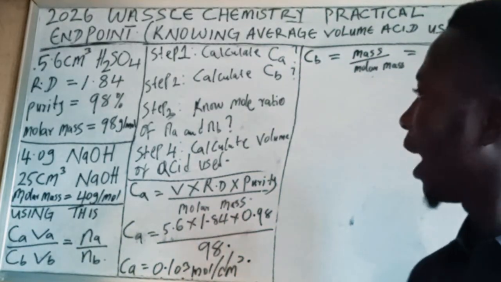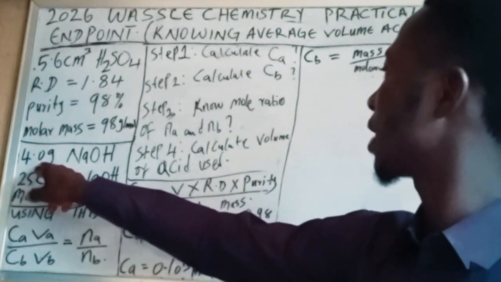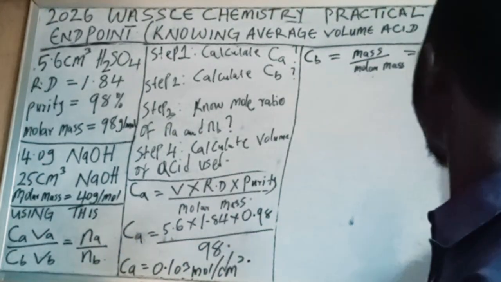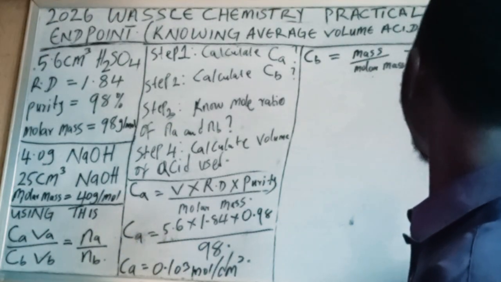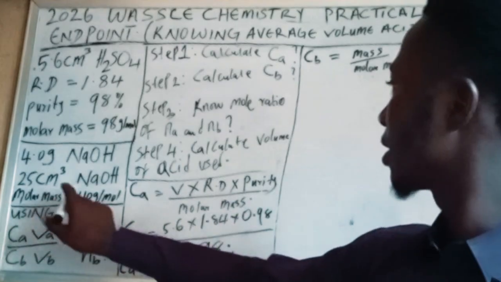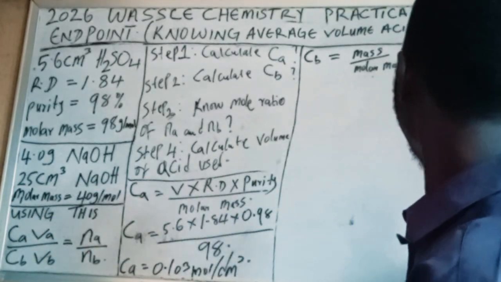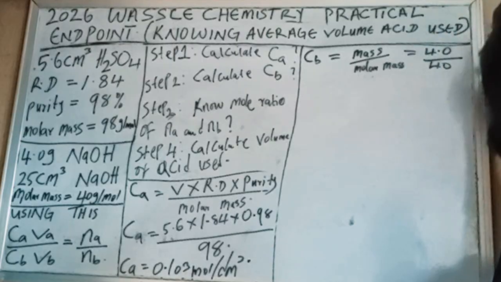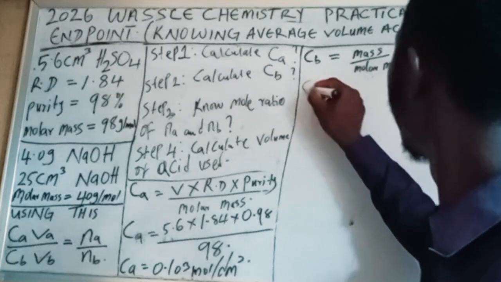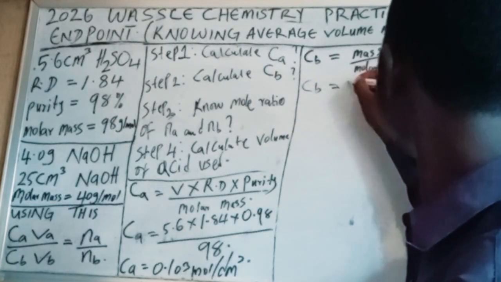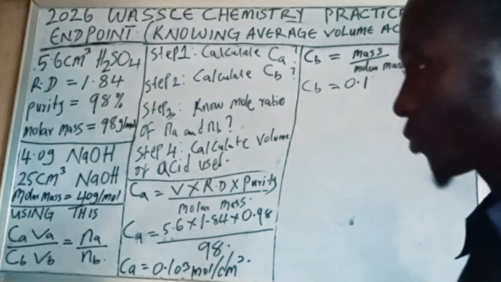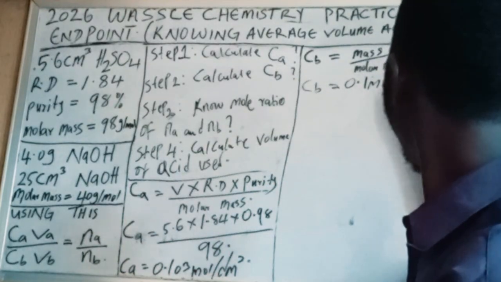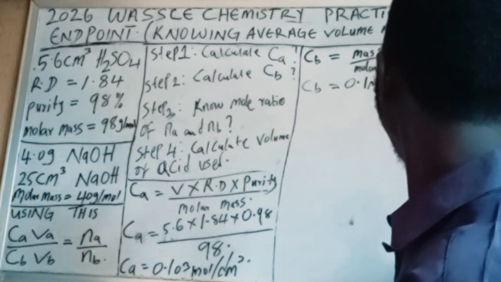The mass of sodium hydroxide is 4.0, divided by the molar mass, which is 40. When you divide 4.0 by 40, it will give you CB equal to 0.1 mole per dm³.